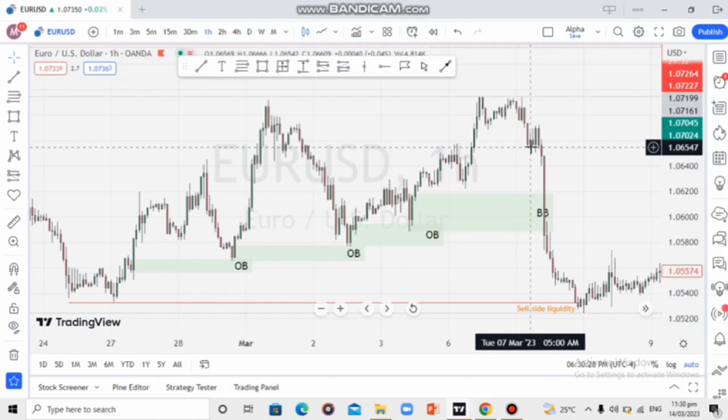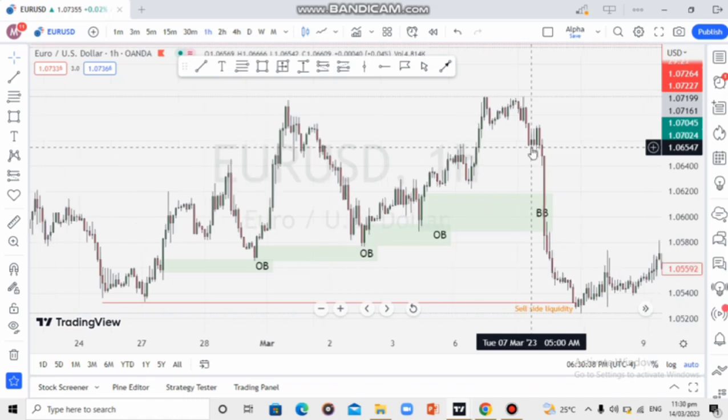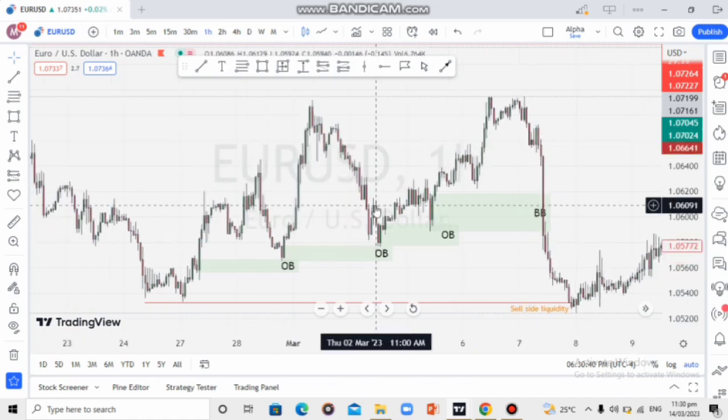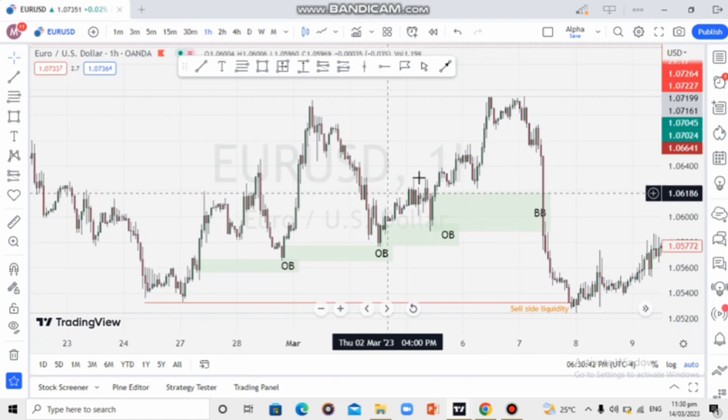To me, the more confirmation I get, the more confidence I have in the trade, and I get to feel that the trade will play out, and then it eventually will.